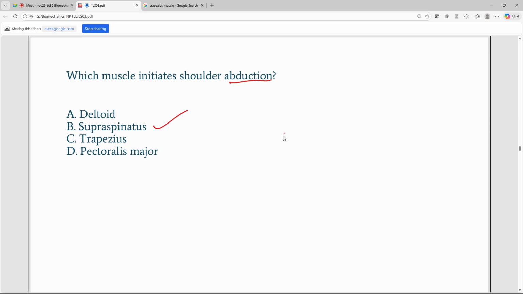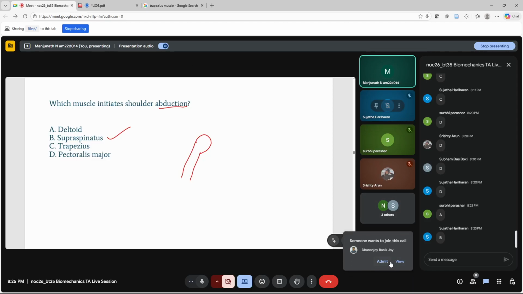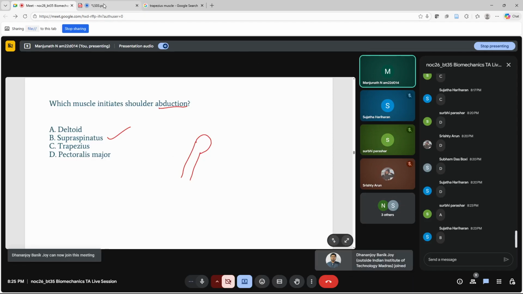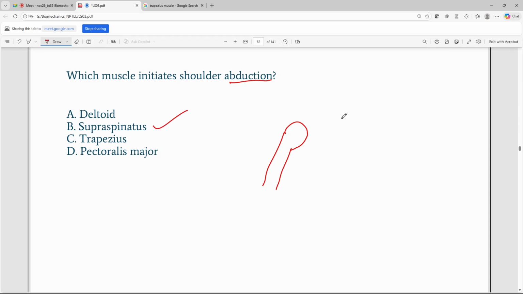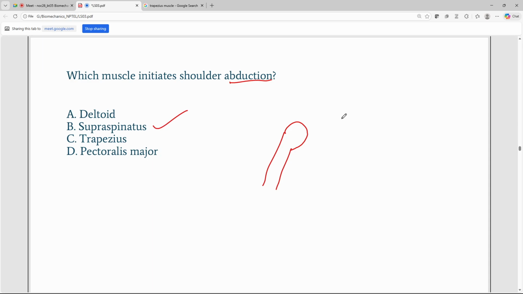This is the humerus. Shoulder abduction means moving the upper arm away from our body or trunk. I have already given a hint for an easy way of remembering this: abduction means taking away.